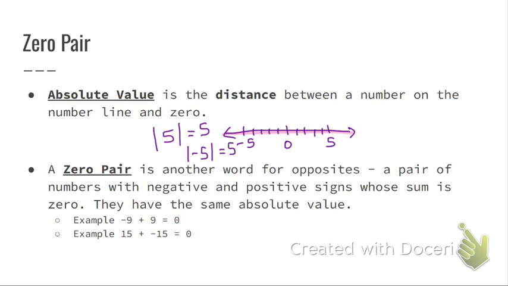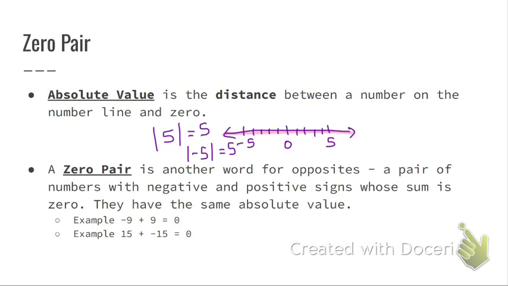So a zero pair is just another phrase or word for opposites. So a pair of numbers that one has a negative sign, one has a positive sign, and their sum, that means when we add them together, we get 0. They would have the same absolute value.